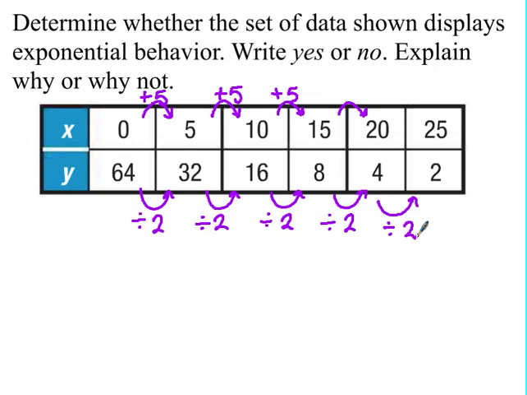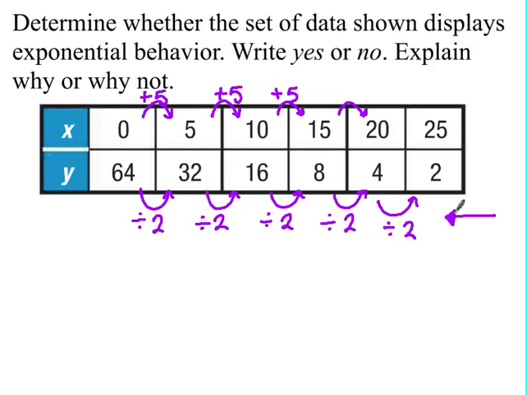Now this is your key. If you multiply or divide by a number, that's going to be exponential growth or decay. If you add or subtract a number, that is not exponential growth or decay. You are always looking at your y's.